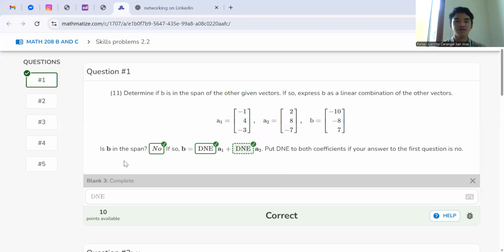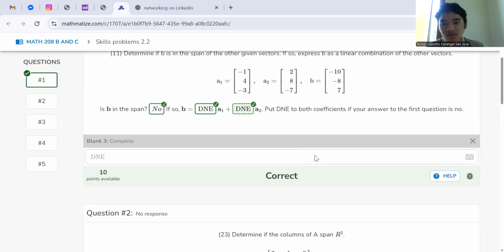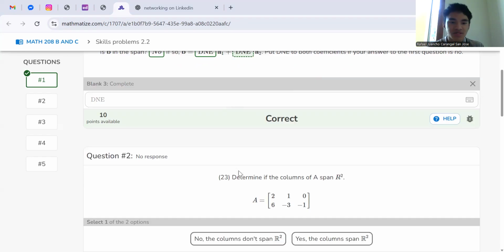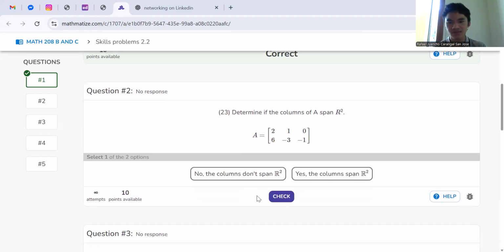So the reason why it's not in the span is that there is no linear combination, therefore it's not in the span. That's the way to think about it, right? Okay, let's move on to question 2. Oh no, we have to do some math here.